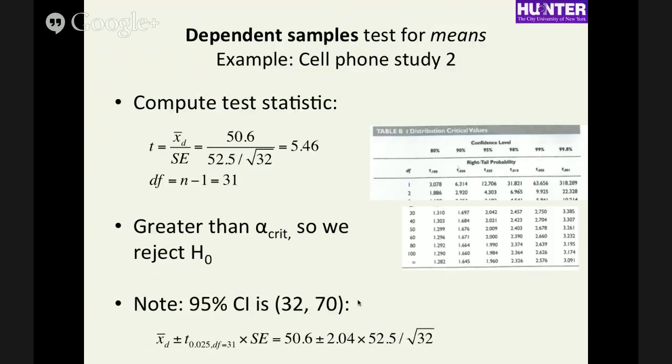And the interpretation of this confidence interval, anyone want to hazard a guess? This confidence interval, 32 and 70. How do you interpret this confidence interval? So this is for the paired test.